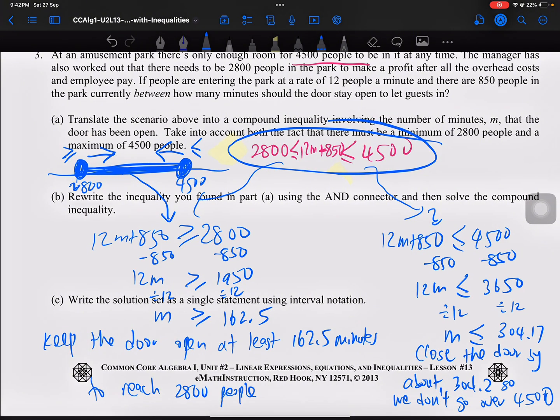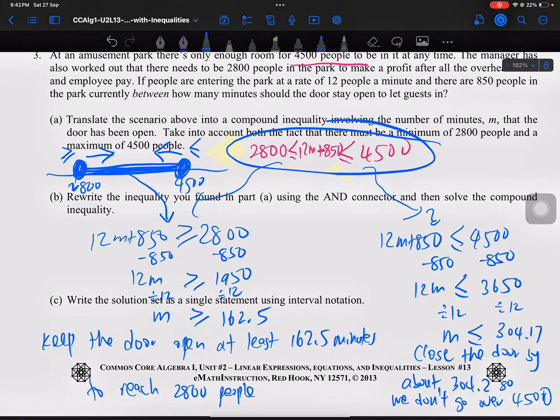Okay, so that means that we combine in an "and" connector. In pink color, m larger than 162.5 and m less than 304.2. In other words, our interval notation will be as shown.